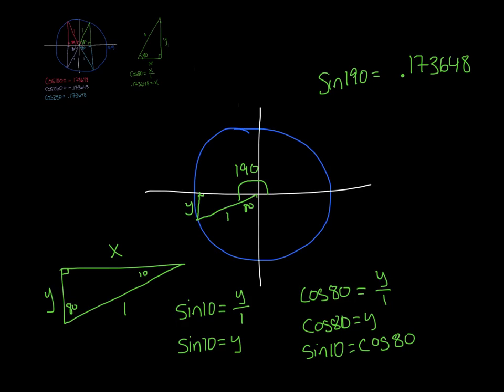Well, if we are on the Cartesian plane, which we are, is that a negative value or a positive value? Well, I'll give you a hint. It's in quadrant 3, right? So isn't everything negative in quadrant 3? Yeah, that's a negative y value. So we're going to put a big minus there. So the sine of 190 is the negative of the cosine of 80.